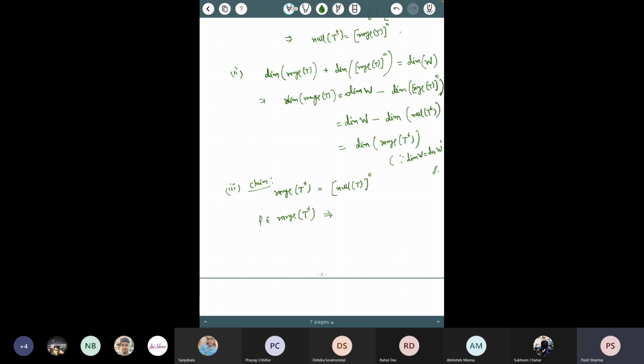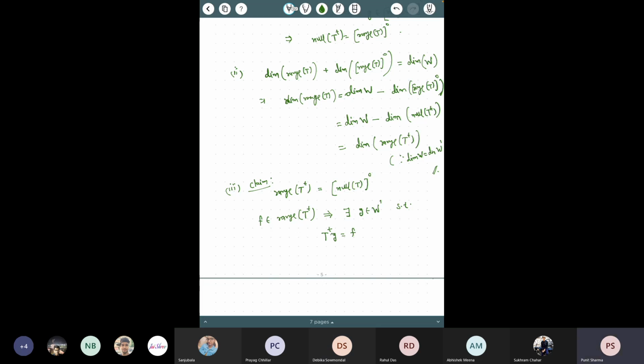If f belongs to range of T transpose, then we know that it will have a pre-image. So there exists a g in W' such that T transpose of g equals f.